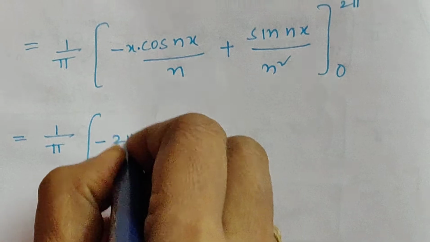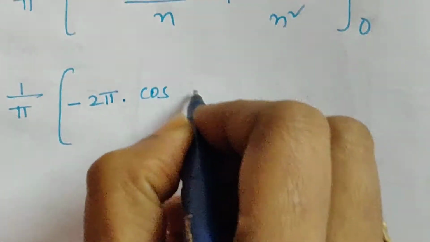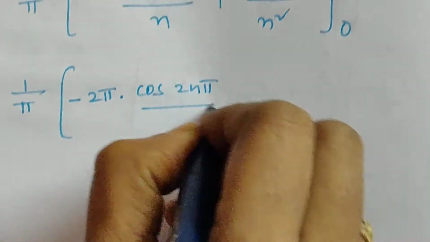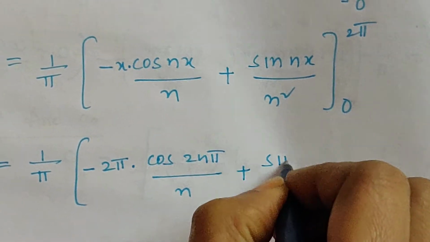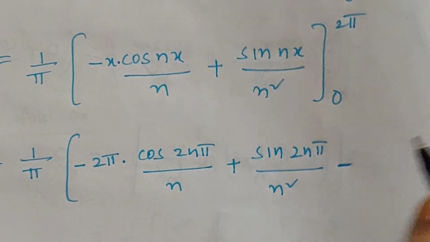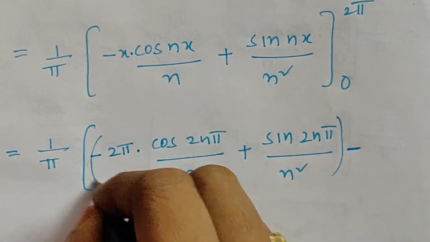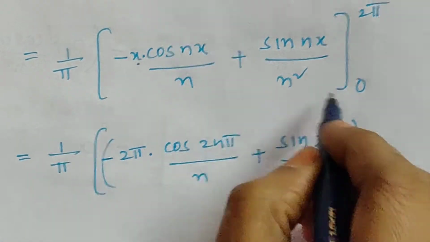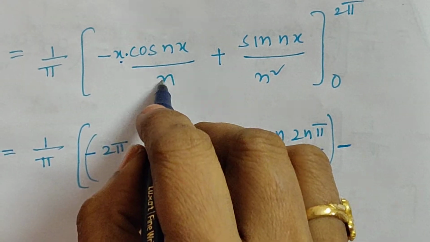By substituting the upper limit: minus 2π cos 2nπ by n plus sin 2nπ by n², minus the lower limit substitution. In place of x put 0, so 0 into this one is 0.